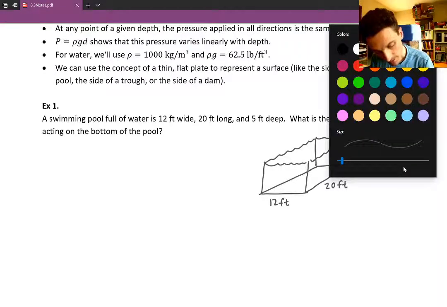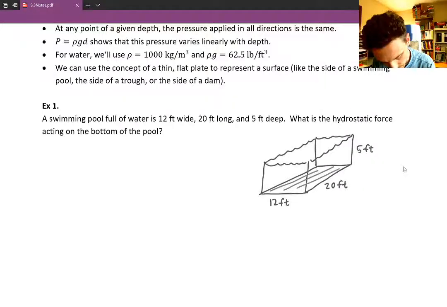What we're looking for is the hydrostatic force acting on the bottom of the pool.